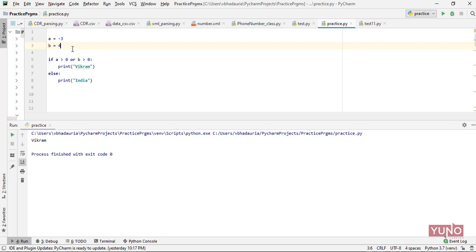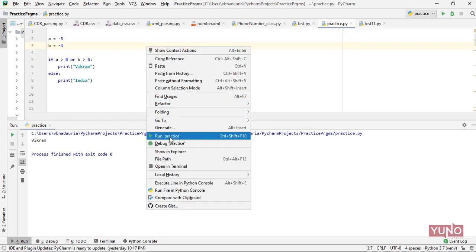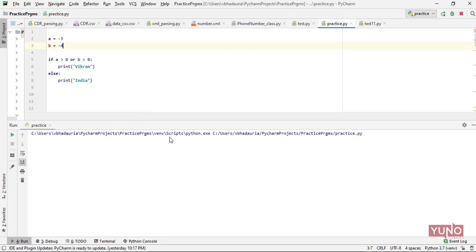Suppose currently both the numbers are negative in this example. Now it should print India. And if I make a a positive number and run the program, my output should be Vikram because I have defined the condition with or. That means either of the numbers should be positive, right? So that's the condition here.